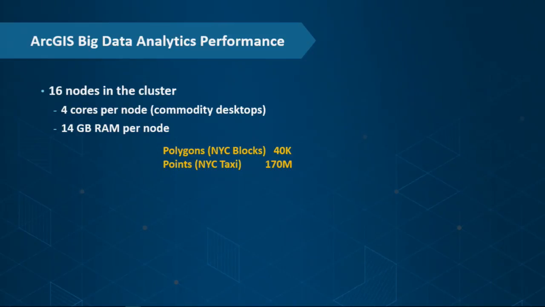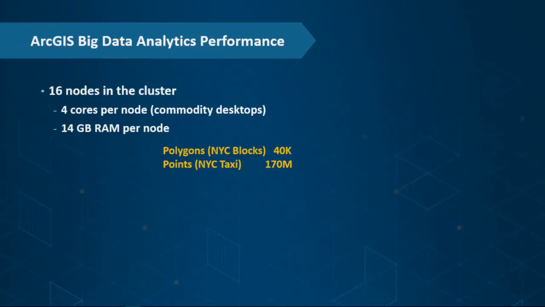Okay, let's talk a little bit about performance here. People are always curious, so let's talk about it. This was at one point when our little cluster of those machines you saw piled up in that picture that Mike showed you. At one point we had 16 machines, and these were 4-core machines.